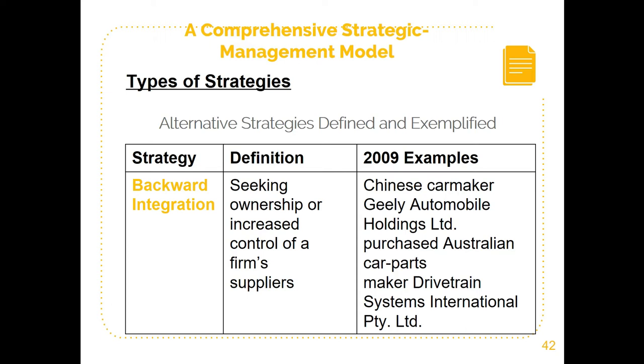So when you say backward integration, you are a distributor or you are a retailer, but at the same time, you gain control over the manufacturing of a product. So you are a distributor, but at the same time, you have ownership of manufacturing that product, or how will I say this?